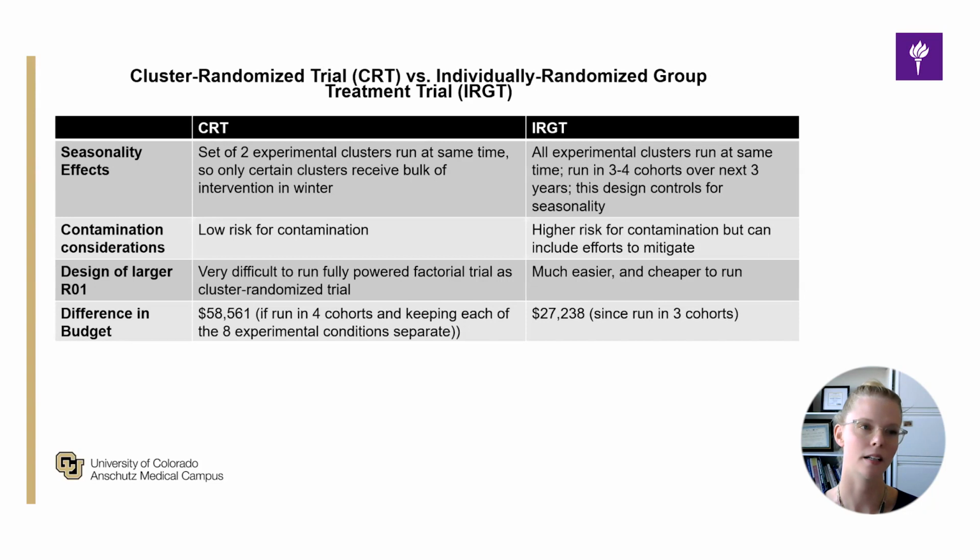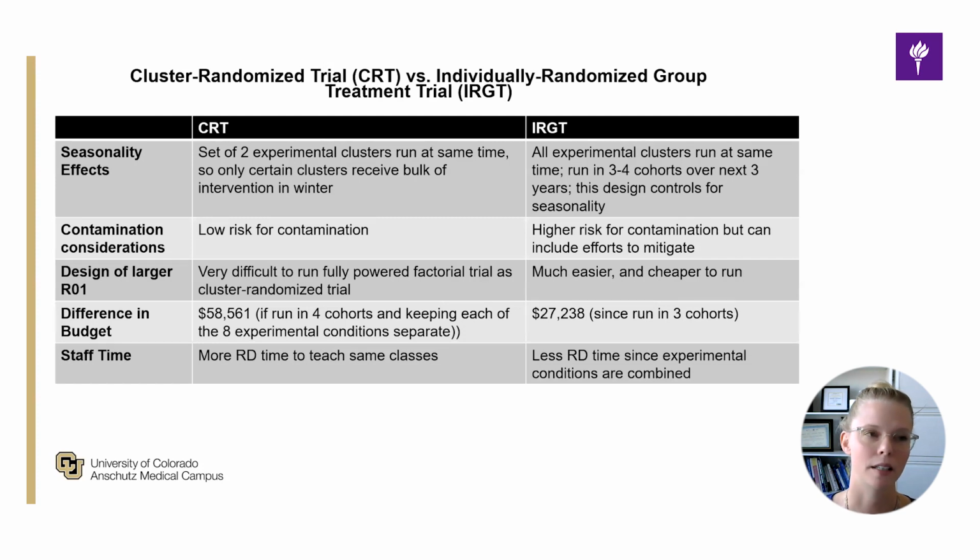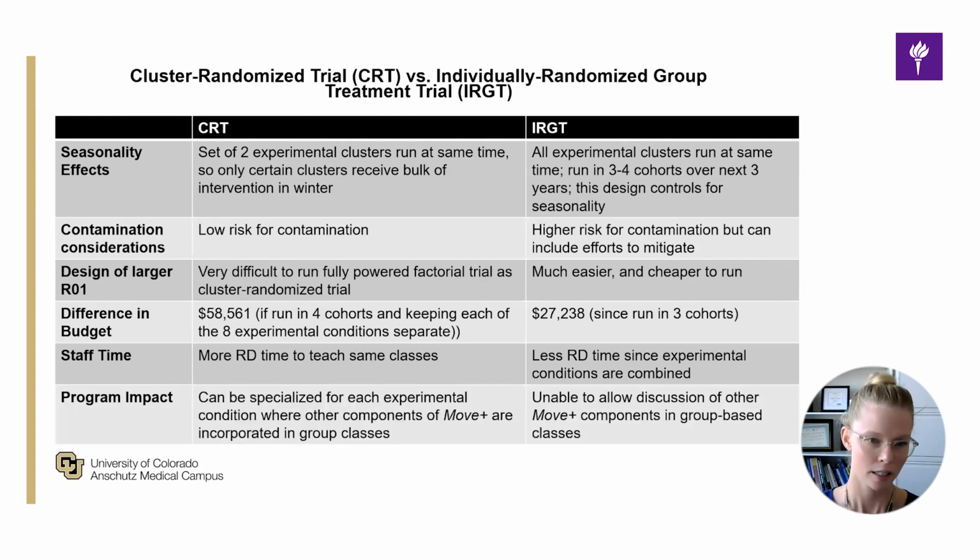With that cluster randomized trial design, it would cost us around $60,000 to deliver the program, whereas with the IRGT, it would cost almost half. And so that's a huge difference in the budget. And then for staff time with the cluster randomized trial, it's more registered dietitian time compared to the IRGT.